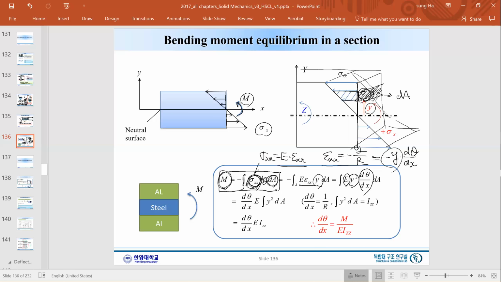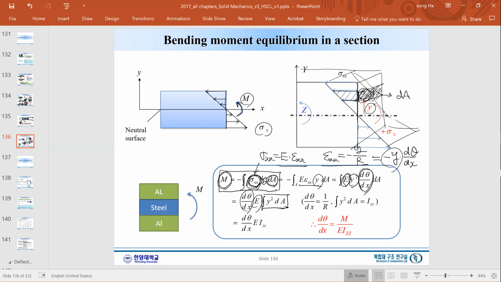Over the integration over the cross sections, this d theta/dx is a constant, so it comes out of the integration, and Young's modulus E is also constant. And then what is left in the integration is the integral of y squared dA.